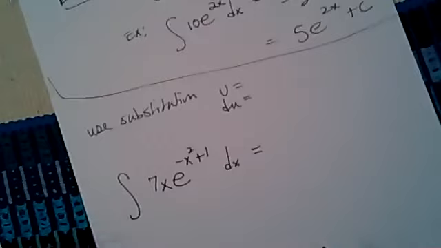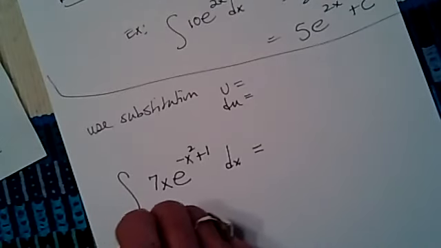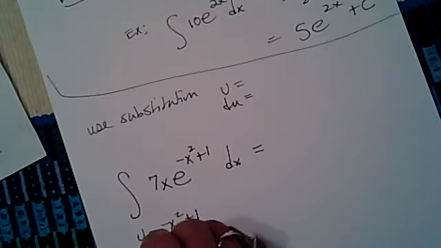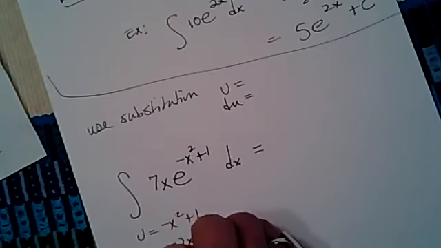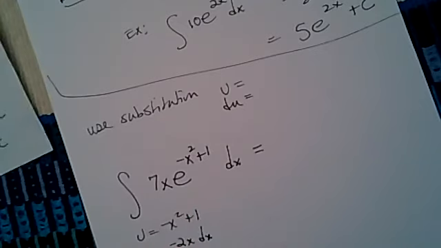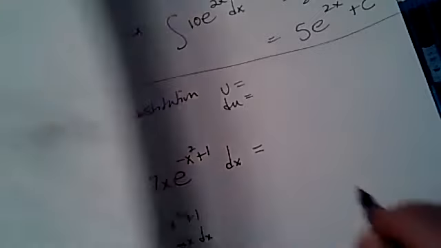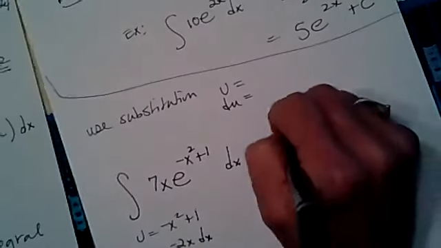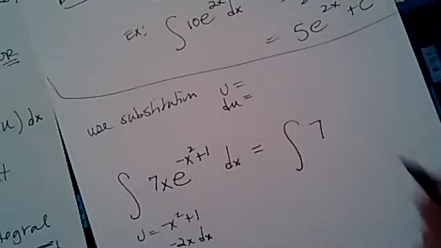So let's look at my steps. Don't forget my steps. So u is the exponent on e, and the derivative of u is negative 2x dx. Okay, what does it tell me to do? Move any outside constant terms over. So I'm going to rewrite this with the 7 there, right?